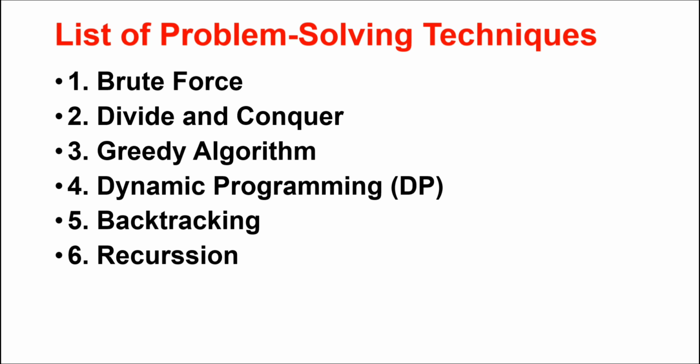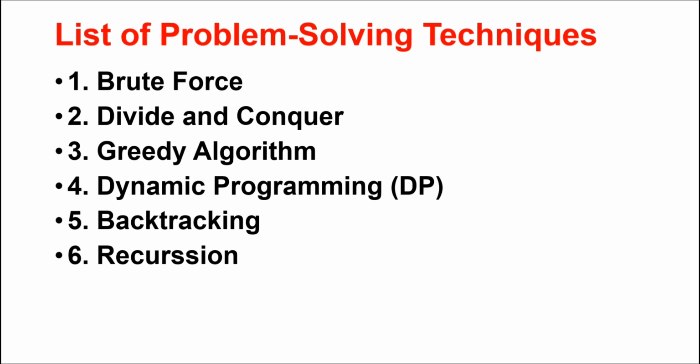The greedy approach involves making a locally optimal choice at each stage with the hope that these choices lead to a globally optimal solution. When do we need to use the greedy algorithm?